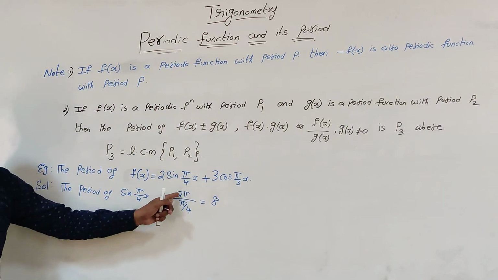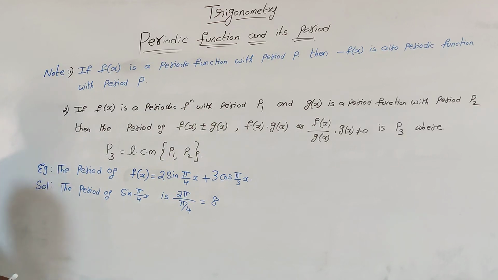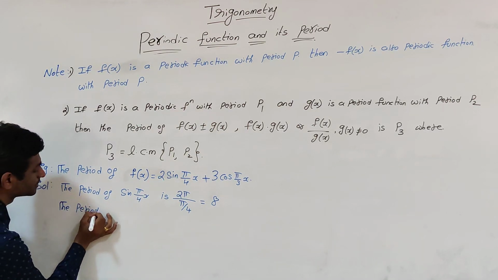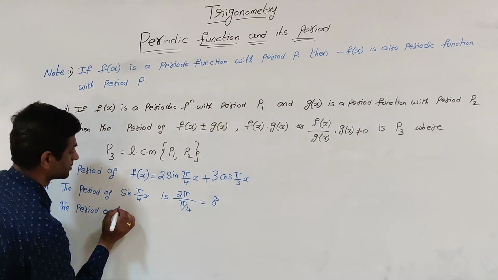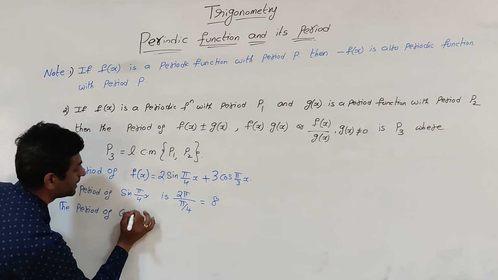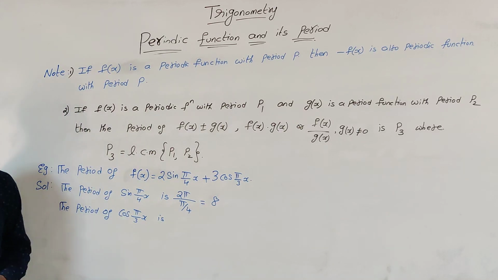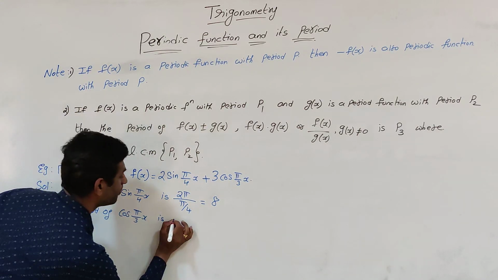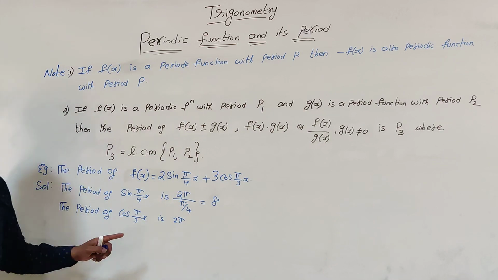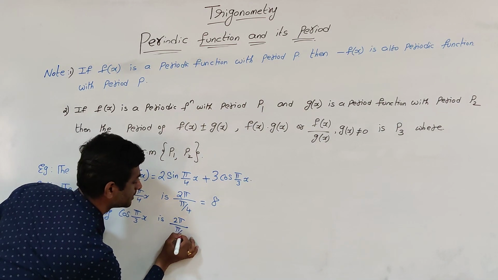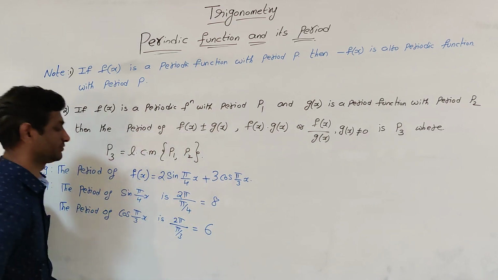So 2 into 4, it will be 8. Next, the period of cos pi by 3x is what? It is 2 pi by mod a. Mod a means in the place of a it is pi by 3. So 2 pi by pi by 3, that will be 6.